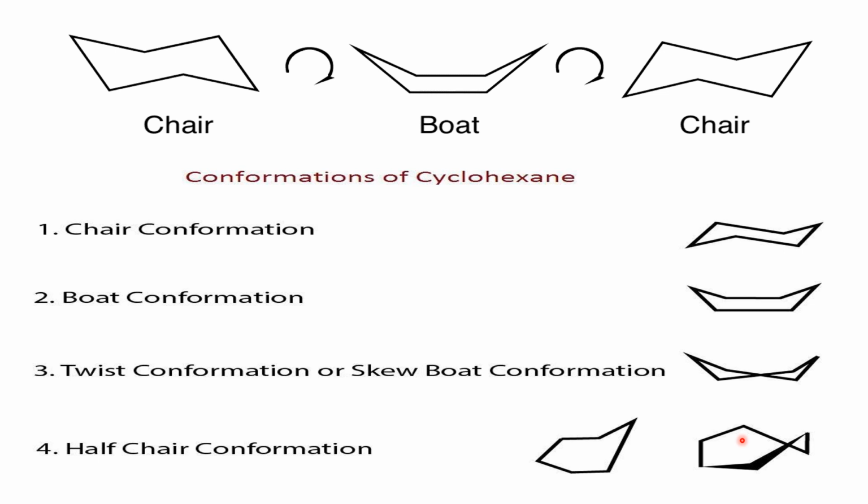So we could say for cyclohexane, we identify two most extreme stable conformations: chair conformation and boat conformation. Apart from these two, there are a large number of conformations, and some of the important ones are boat conformation, chair conformation, skew boat conformation, and half chair conformation. Take down.